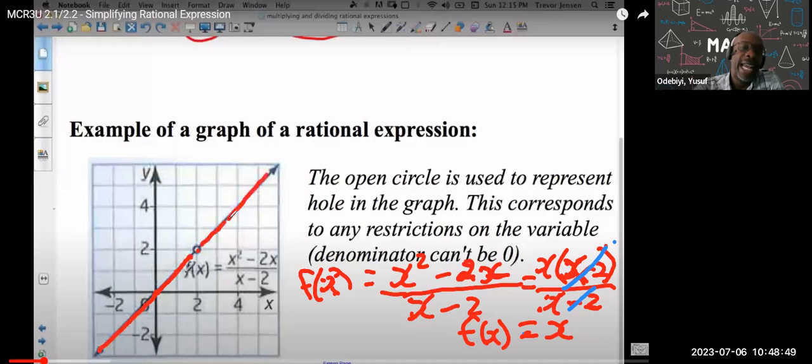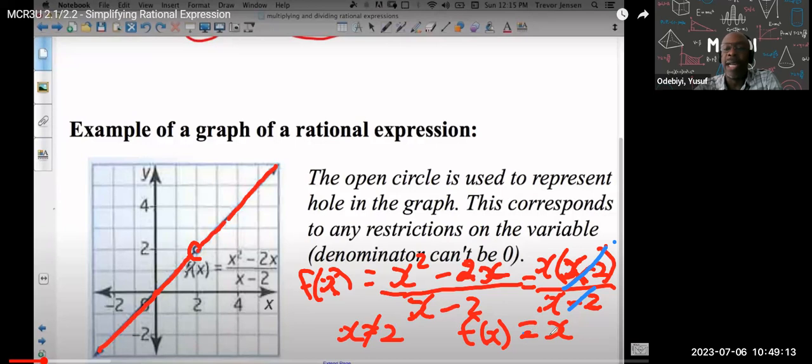But wait a minute, I can't. The thing is, x cannot equal 2. That means I have to draw a circle at 2, because I can have a straight line, but x cannot equal 2.